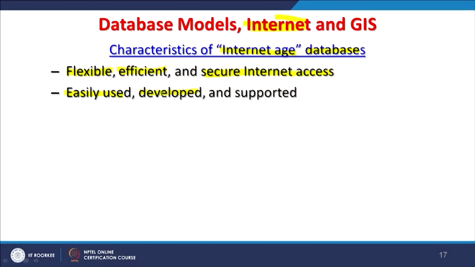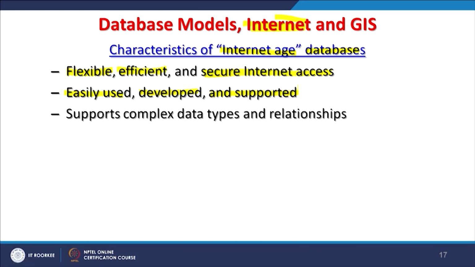Google Earth is one example I have taken to explain this: anybody, even a child who knows how to move a mouse, can immediately start using Google Earth. It has been developed, supported and upgraded on a regular basis. So if any program or database is to be accessed by users through the internet, these are the qualifications, otherwise it will never take off properly.